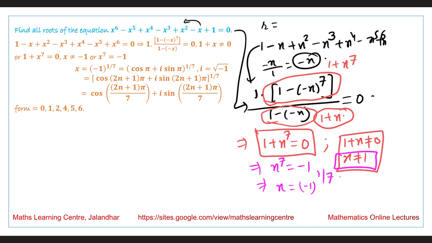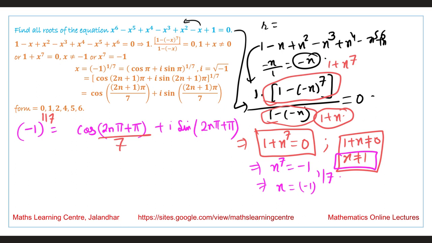So we have to find the 7th root of minus 1. We can write minus 1 as cos of 2n pi plus pi plus iota sin of 2n pi plus pi. When we take the 7th root over here, these values will be divided by 7, and the values of n will vary from 1, 2, 3, 4, 5 and 6.